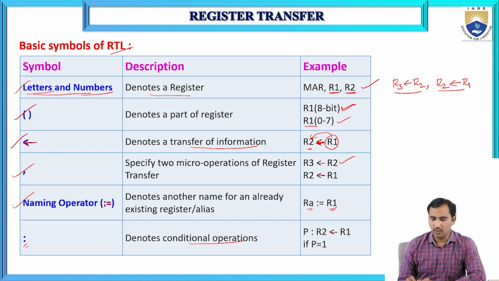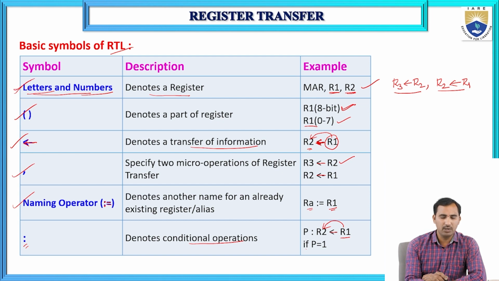If P is equal to 1, then the contents of the R1 register are transferred to the R2 register. These are the various symbols of the RTL, Register Transfer Language: letters and numbers, parentheses, arrow, comma, naming operator, colon.